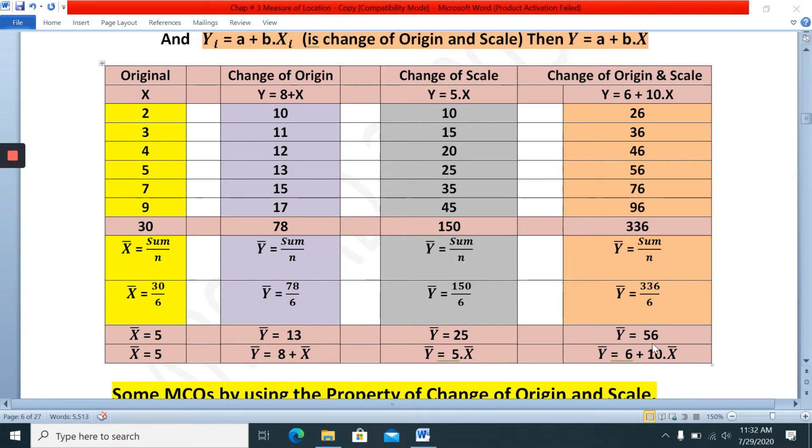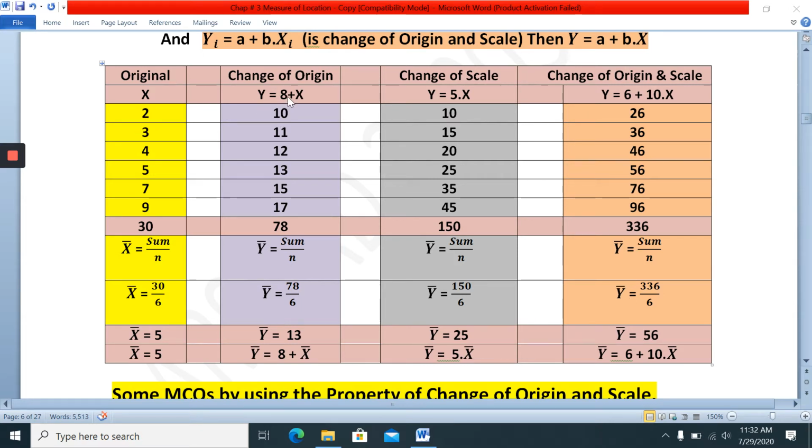So this is the answer according to our property. Now let me confirm this answer from these numbers. This is just for confirmation. So what is the basic idea of y bar? Sum divided by n. So add up these numbers, which is 336, and how many numbers? 6. So 336 divided by 6 is 56. This is confirmation.